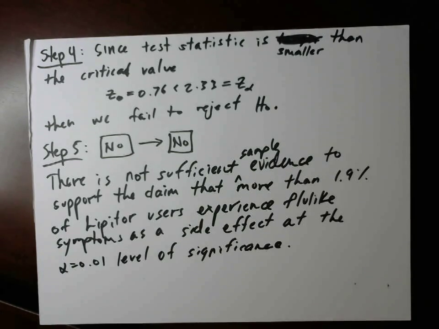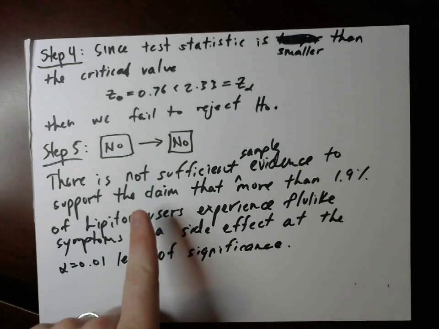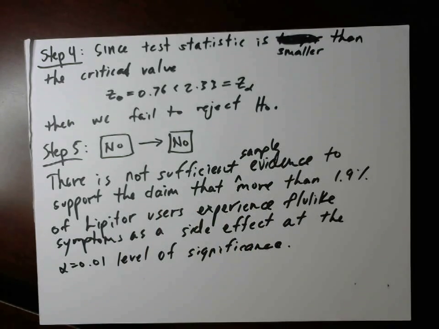So there is not sufficient sample evidence. Since there's not sufficient sample evidence, another way of saying it is that it is not statistically significant.